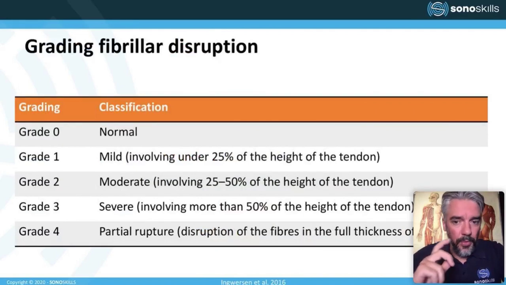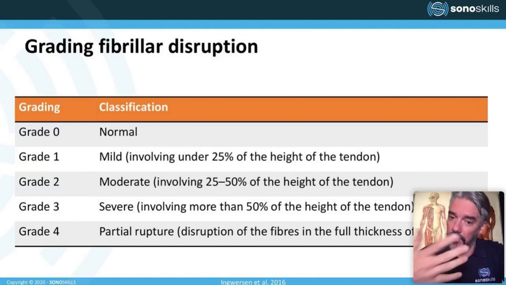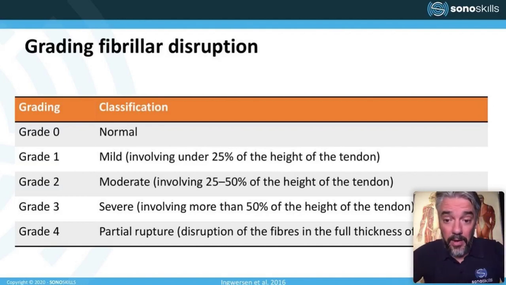It's also important, when looking at tendinopathies, to grade the fibrillar disruption, and this is a little bit like the first grading system. I think actually that one is better than this one, but this is also one that is being used frequently. So you can choose many classifications.